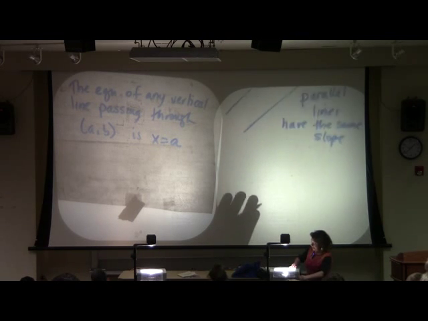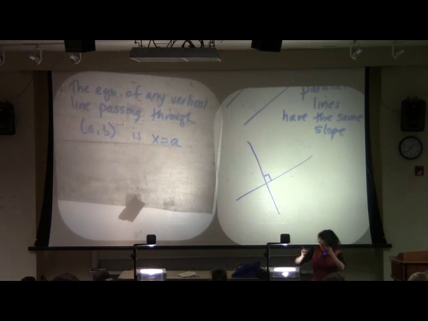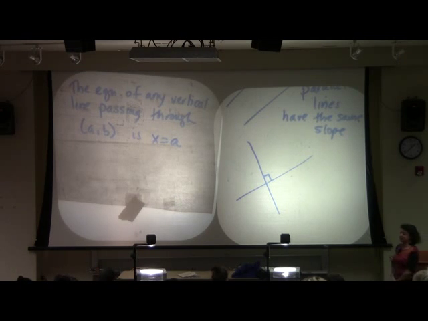Okay? Now, these lines are not parallel because they intersect. These lines are perpendicular lines. Now, just because two lines intersect does not mean that they are necessarily perpendicular. Perpendicular lines are ones that intersect at a 90-degree angle.